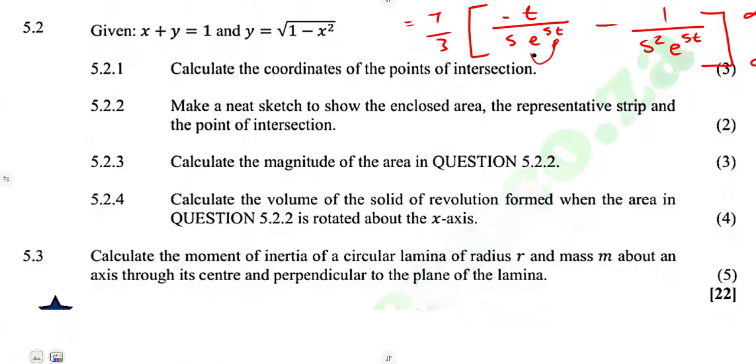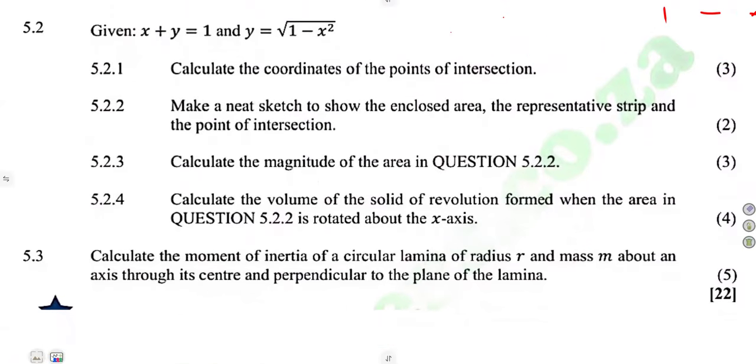5.2, you're given two graphs, all right, to consider. x is equal to this, which we can write as y is equal to, take x to the other side, it's going to be 1 minus x. All right, it's going to be a negative. And y is equal to the square root of this. 5.21, calculate the coordinates of the points of what? Intersection.